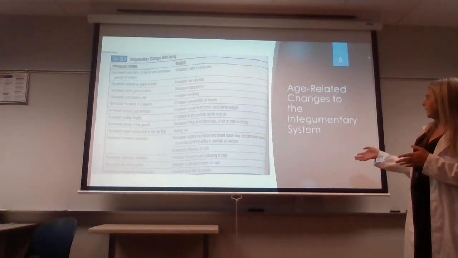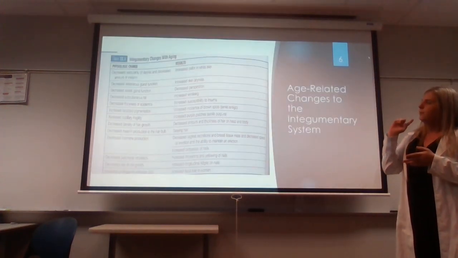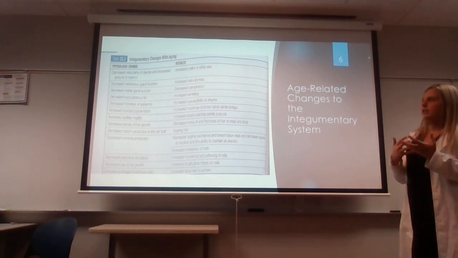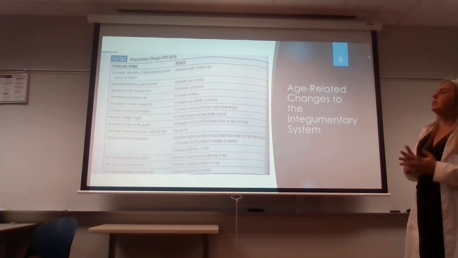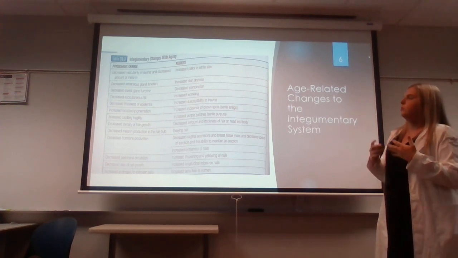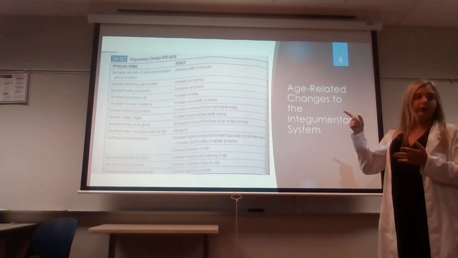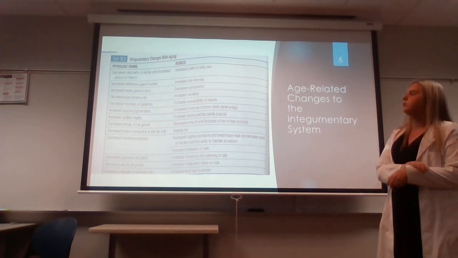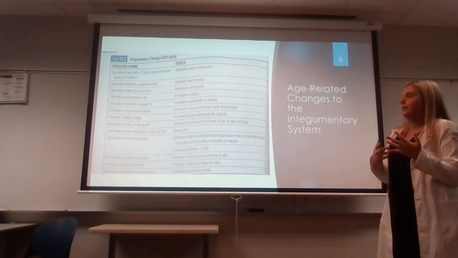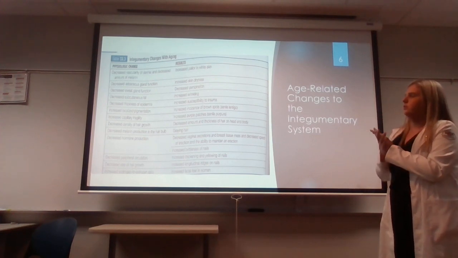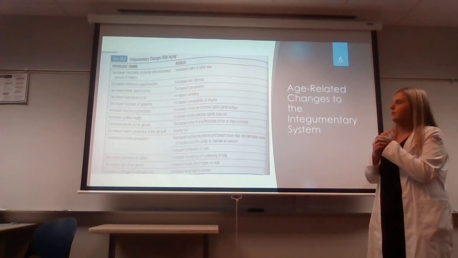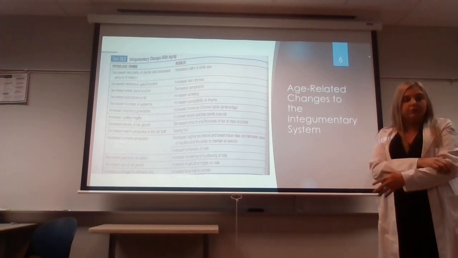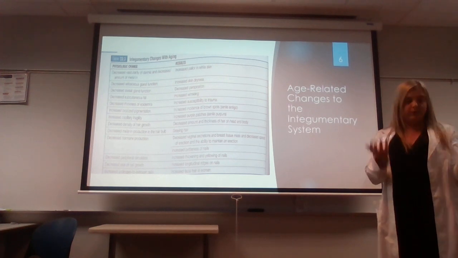So in y'all's book, I went to table 33.3. These are some physiological changes that are going on in the integumentary system. The sebaceous glands, like I mentioned earlier, are going to cause your skin to be dried out. Your subcutaneous fat, like I said, leads to wrinkles, and the decrease in the thickness of the epidermis is going to lead to susceptibility to trauma or skin tears.